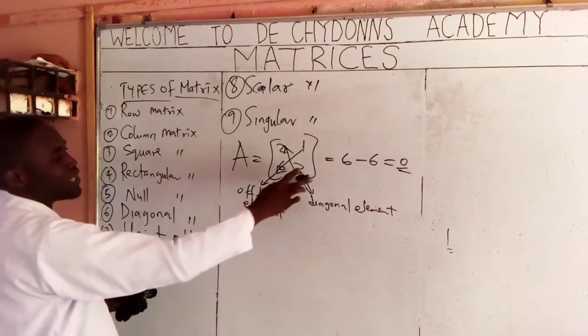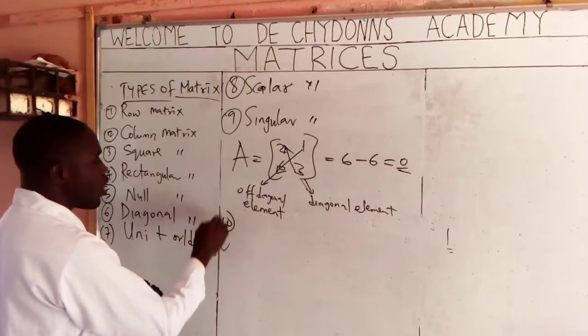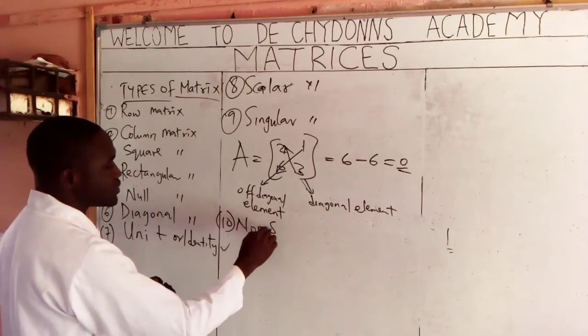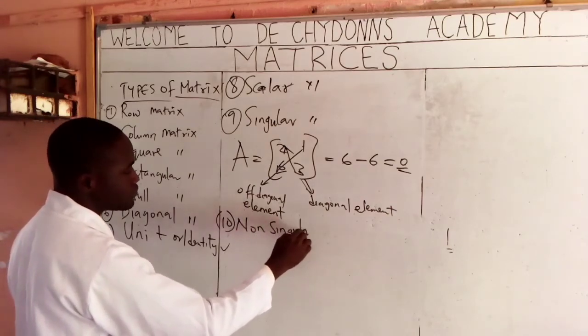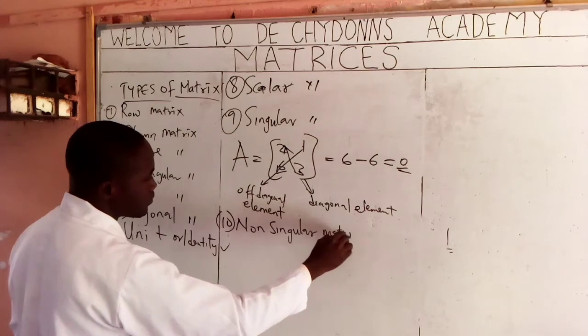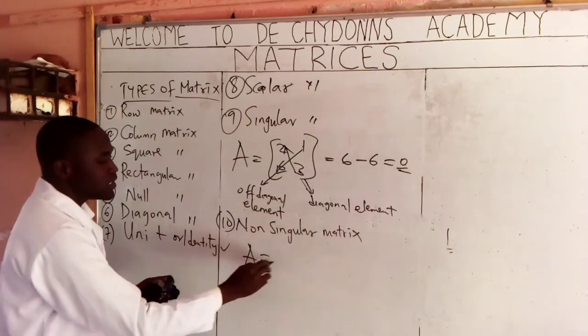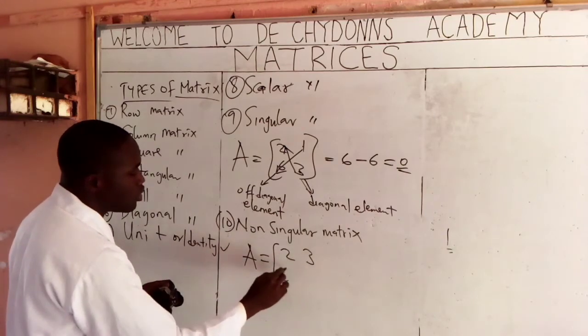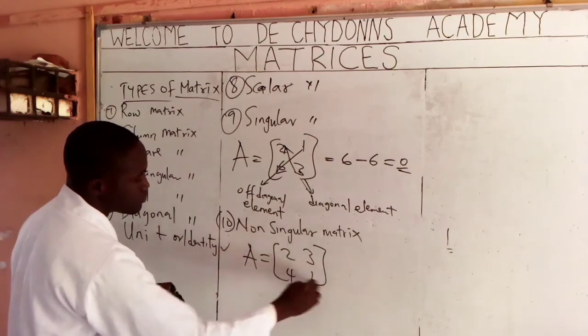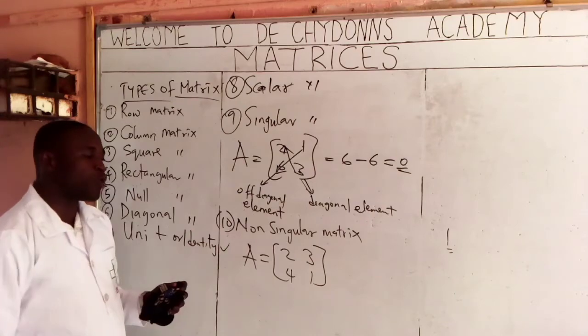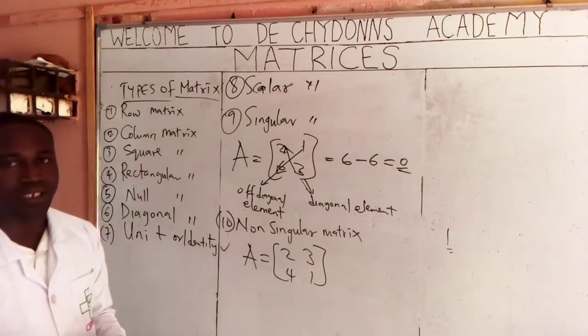But if the determinant is not equal to 0, you call it a non-singular matrix. A non-singular matrix is a matrix whose determinant is not equal to 0. This is a typical example of a 2 by 2 non-singular matrix. Why?